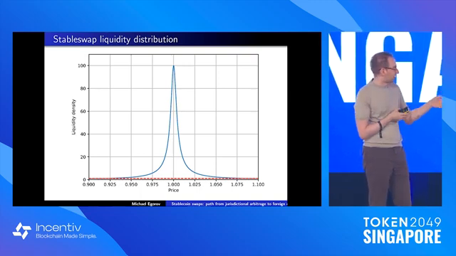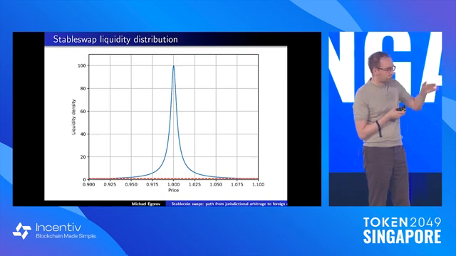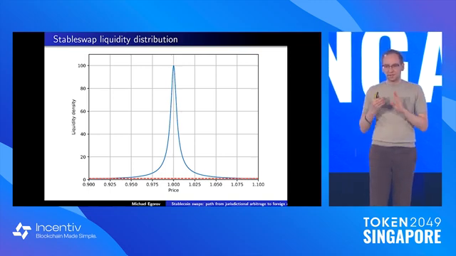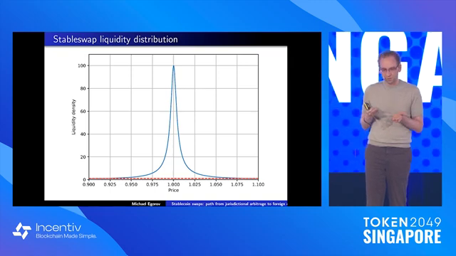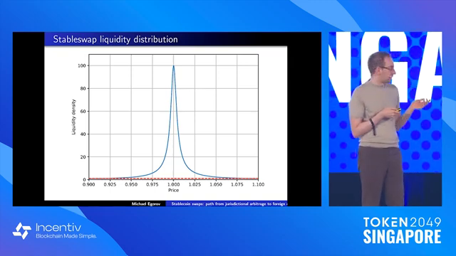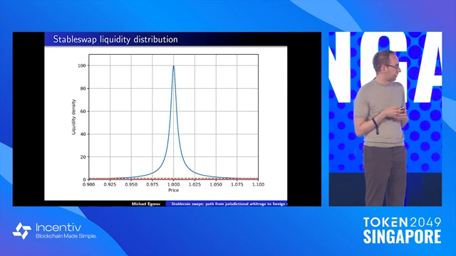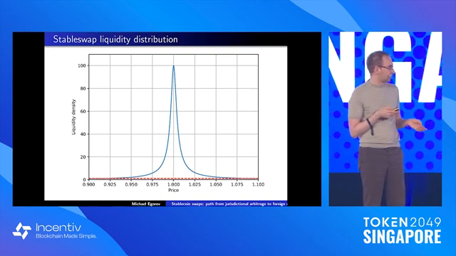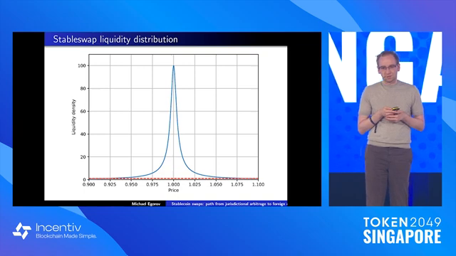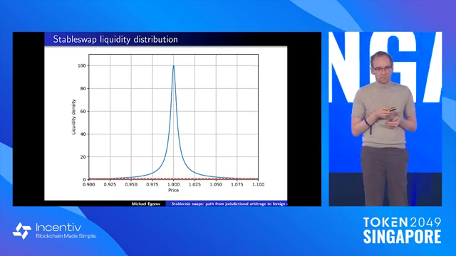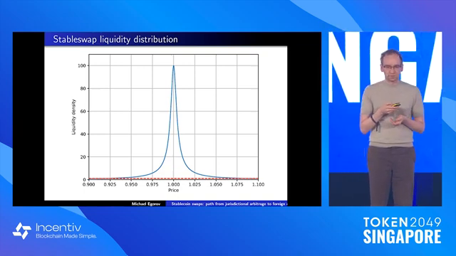So, for example, on this graph, if you have 100, it means that liquidity is 100 times more dense than in Uniswap 2. The stable swap invariant can be that high compared to the naive constant product bonding curve.